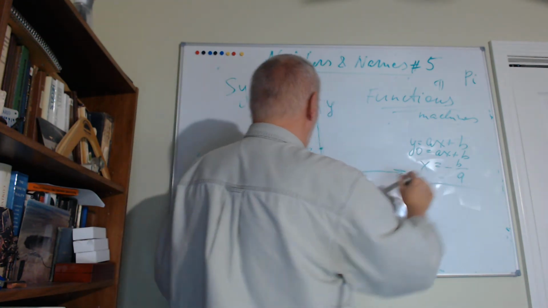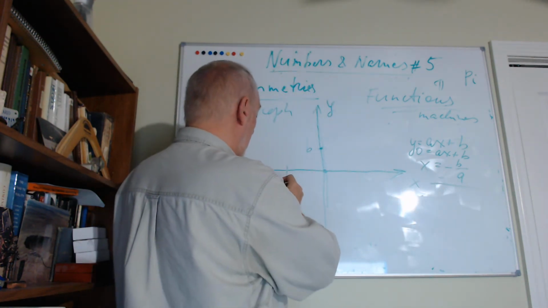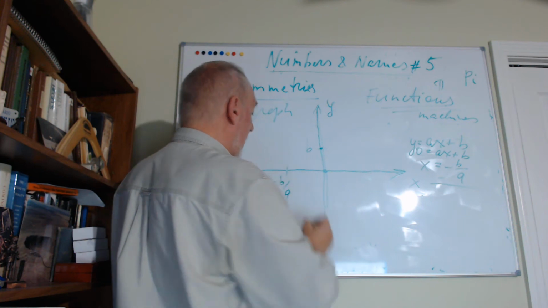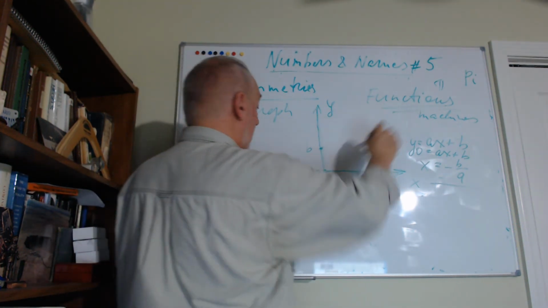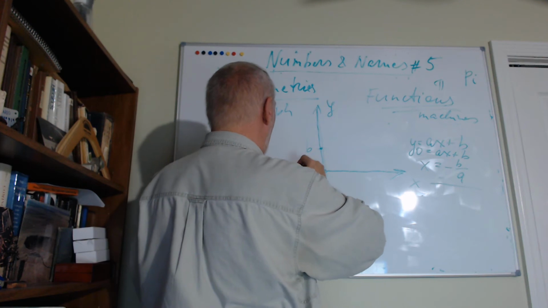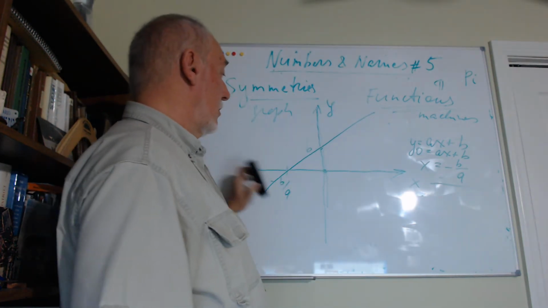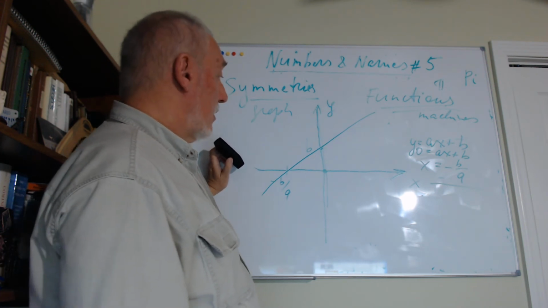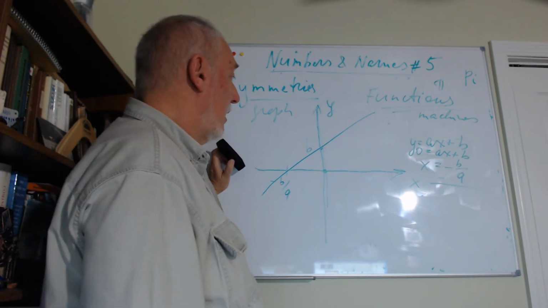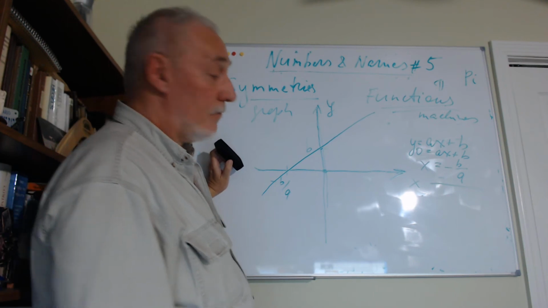But x equals minus b over a. So somewhere here, for example, minus b over a. And the graph for this will be a line, the only line that you can pass through these two dots, right? So this is the graph of any linear function. This is a line.